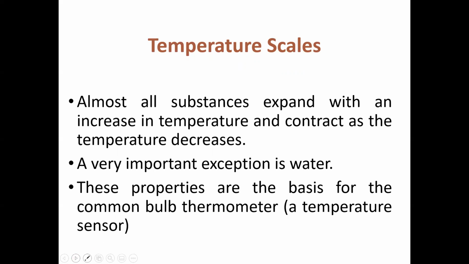Almost all substances expand with an increase in temperature and contract as the temperature decreases. However, there is a very important exception, which is water. These properties are the basis for the common bulb thermometer, a temperature sensor.